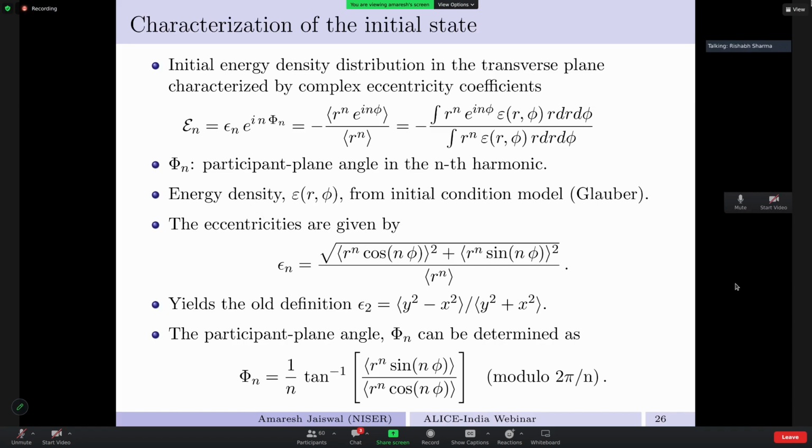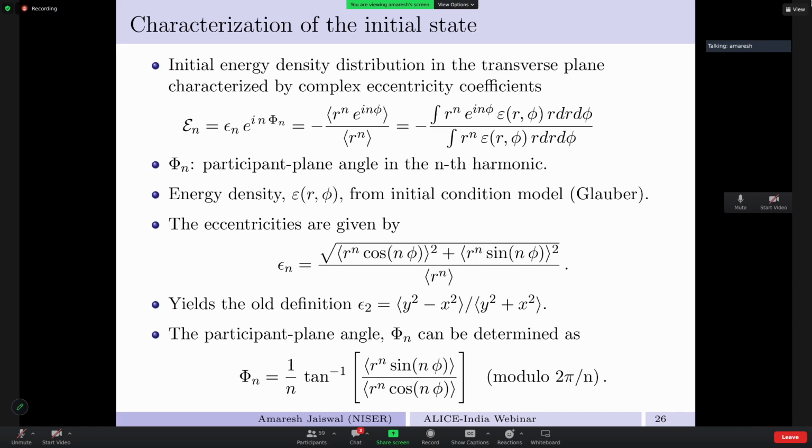The question I wanted to get at was how do I picture it intuitively? I understand that you have this energy density and based on that you get these eccentricities. But for example, let's take the second order eccentricity. We know that the higher the centrality of the collision, the less elliptical the interaction area would be. How do I picture that in the case of epsilon 3 or epsilon 4? In my naive understanding of this whole picture, the only eccentricity which is due to geometry is epsilon 2. Everything else I consider fluctuation.